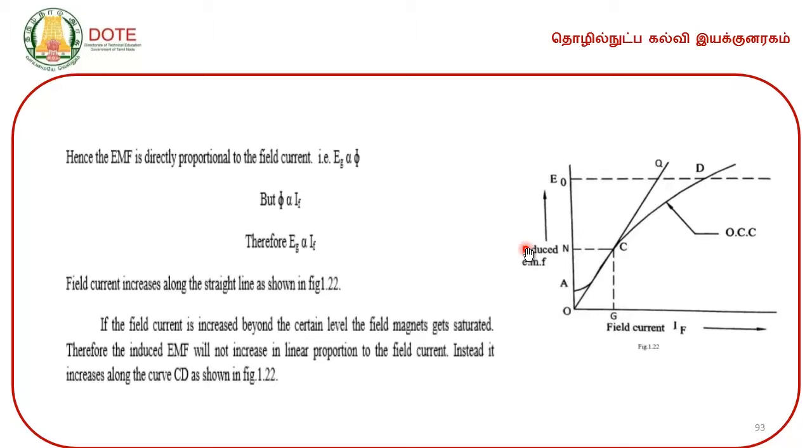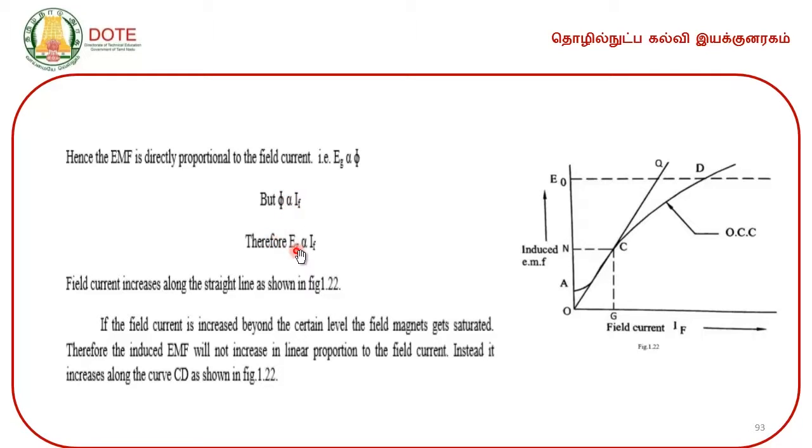Here you can see, hence the EMF is directly proportional to the field current, that is Eg is proportional to phi, but the magnetic flux depends on the field current. The magnetic flux is directly proportional to the field current. If field current is more, the magnetic flux will be more, and vice versa.